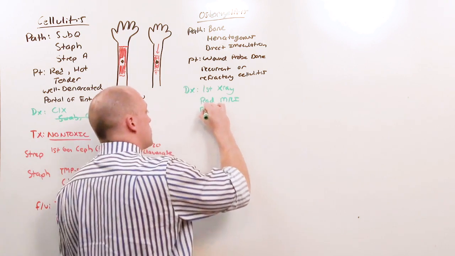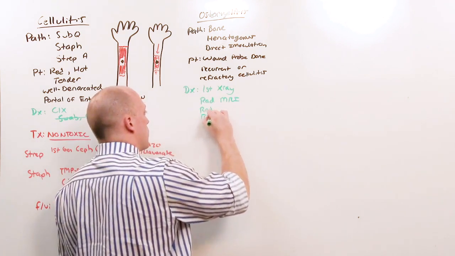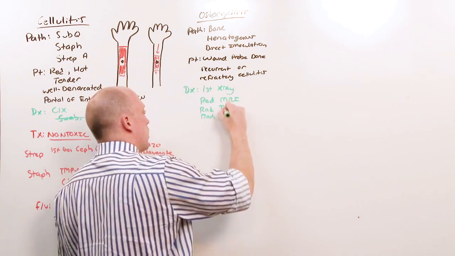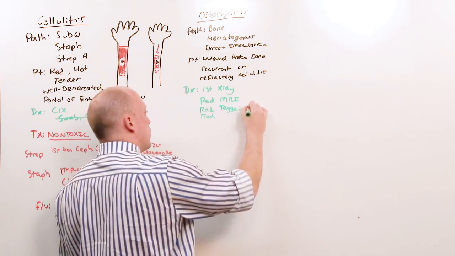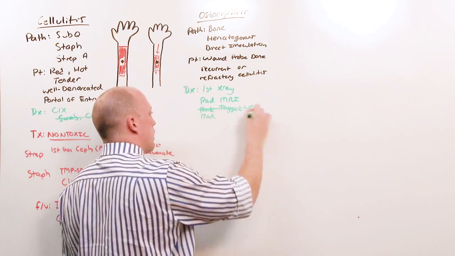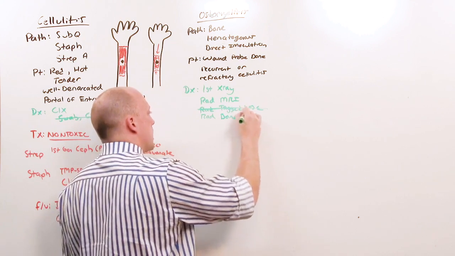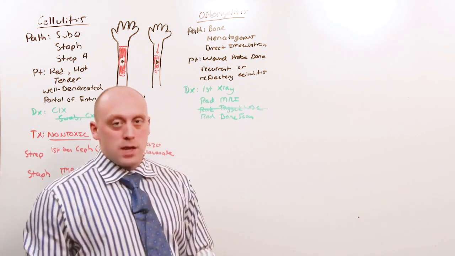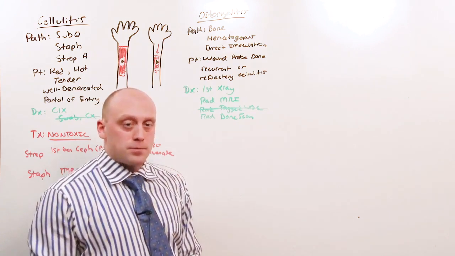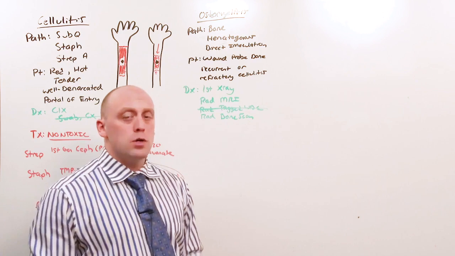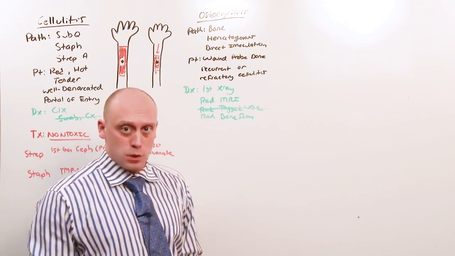The other radiographic tests you could do are the tagged white blood cell scan, which is always the wrong answer, so don't do that, or the bone scan. The bone scan can give you inflammation activity in the bone, so long as there's no superficial inflammation, that is, no cellulitis.